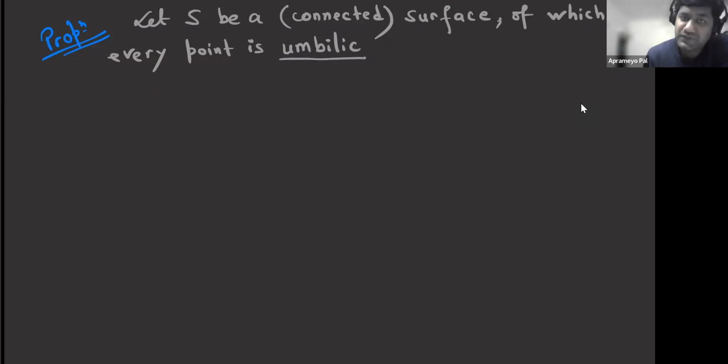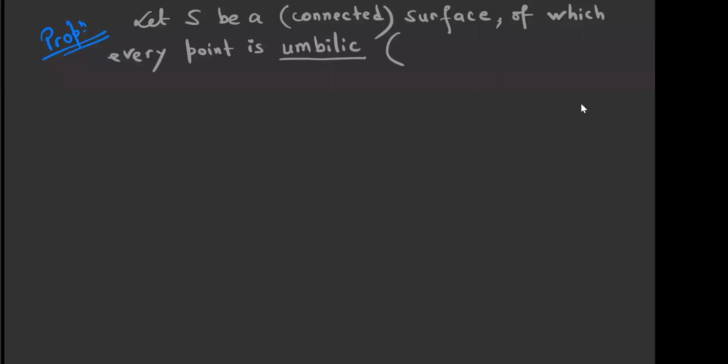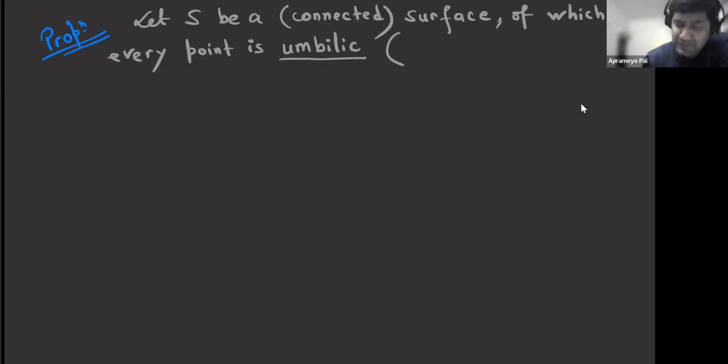So what was the definition of umbilic? Could anybody help me with the definition? What was the definition? When K1 is equal to K2. Yes, K1 equal to K2. So essentially the eigenvalues are the same. So K1 is equal to K2.